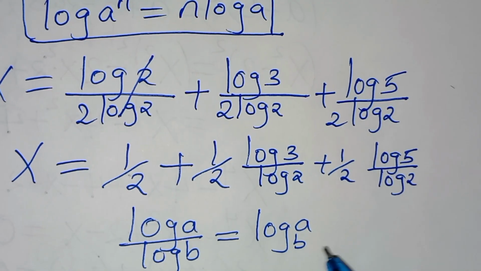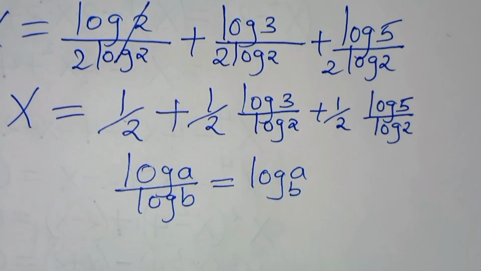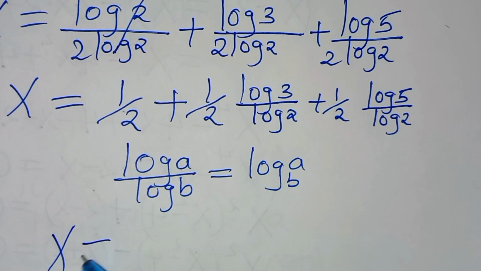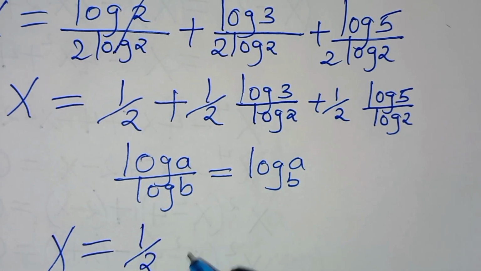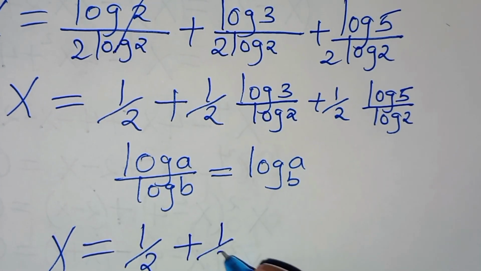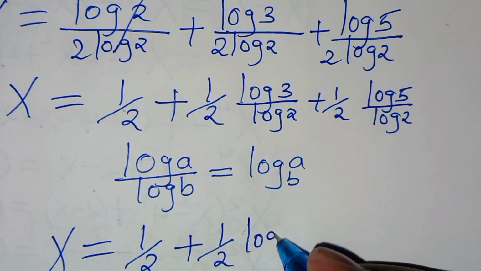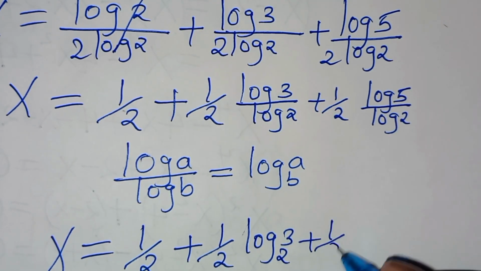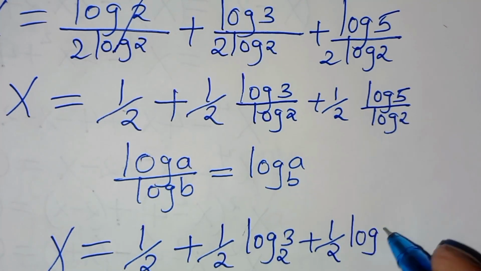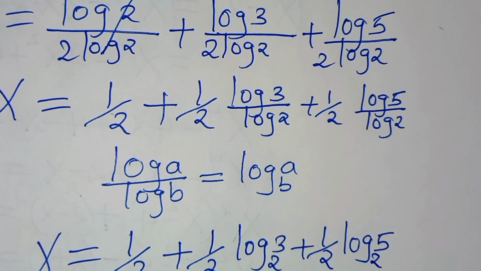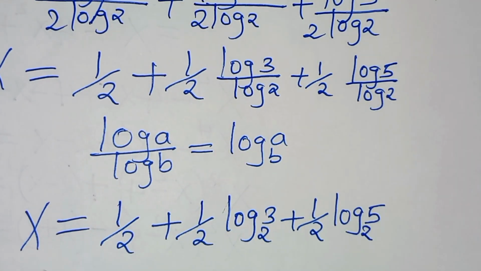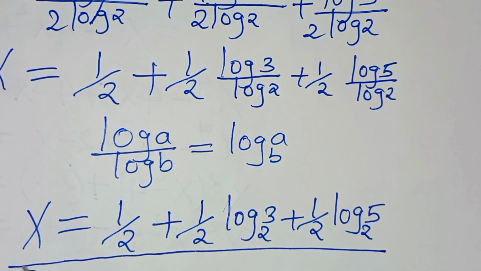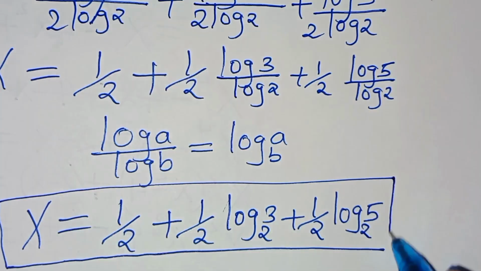Applying this property, the value of x can be expressed as half plus a half log 3 to base 2, plus a half log 5 to base 2. So this is the value of x.